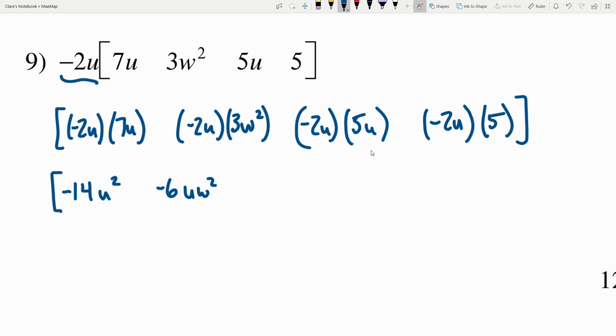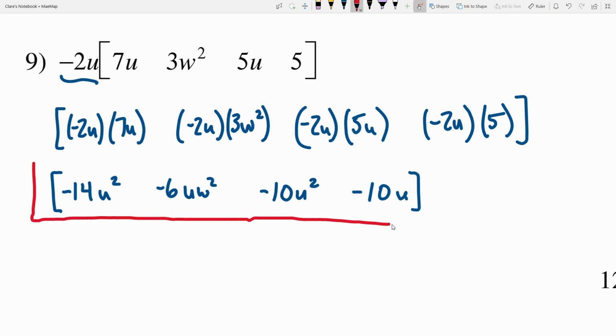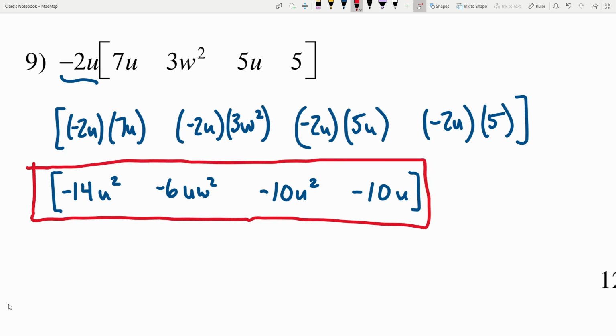Either way is the same. Negative 2u times 5u is going to be negative 10u squared, and then negative 2u times 5 is just a negative 10u. So, reading the row, negative 14u squared, negative 6uw squared, negative 10u squared, and negative 10u.